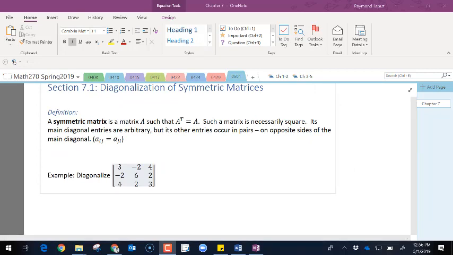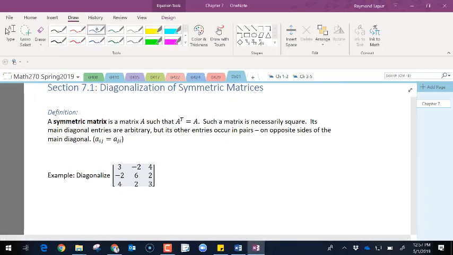Oh, they want us to diagonalize it already. Do you remember how to do eigenvalues and eigenvectors? All right, let's try. I think I may have forgotten. I hope not. Right now, I'm teaching the class. I hope I didn't forget. Eigenvalues, lambda.